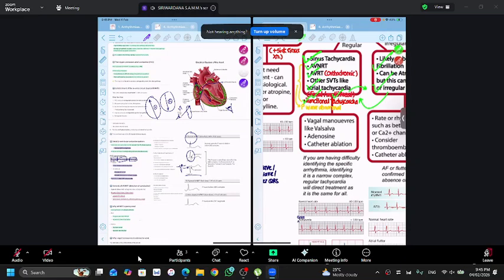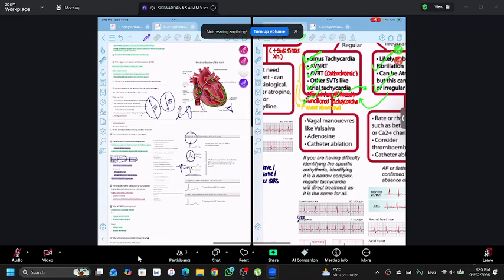But these 3 things, AV NRT, orthodromic AVRT, and junctional tachycardia, all pretty much look the same. There is not really a differentiating factor between them. We are not supposed to differentiate between them, at least at our level. If you just say it's a supraventricular tachycardia, that is enough.